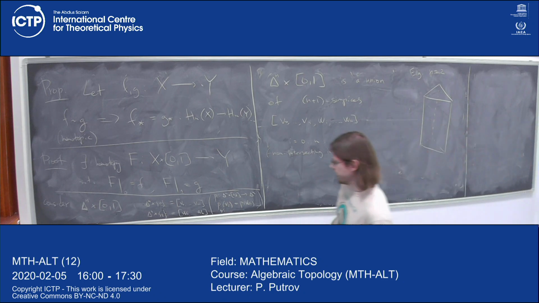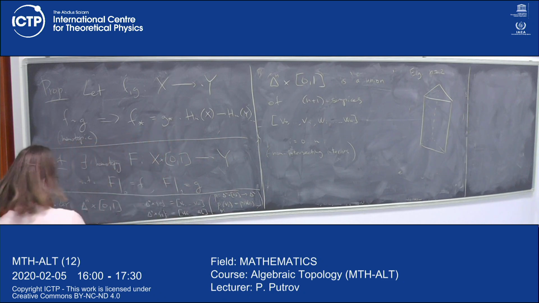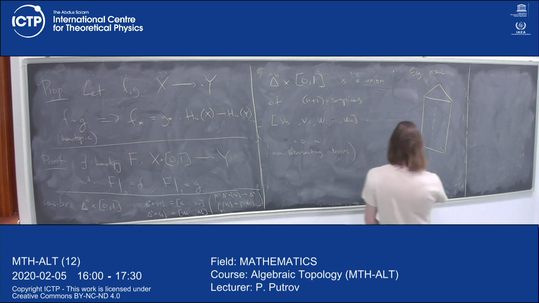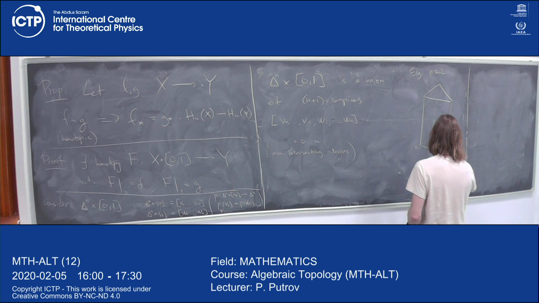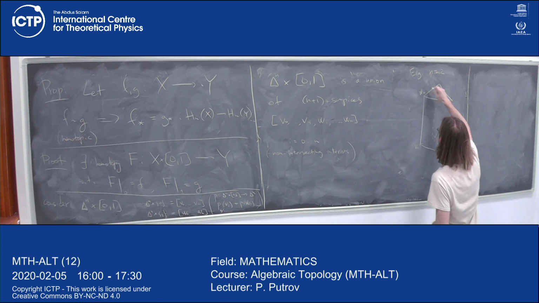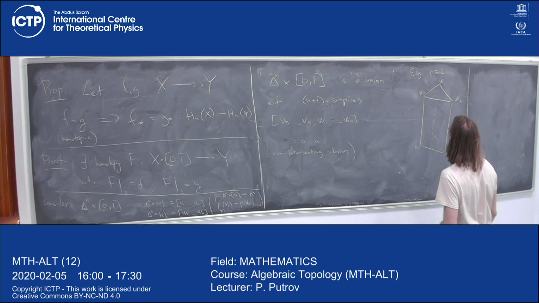For the triangle downstairs, I pick my vertices V0 to Vn, so here it's V0, V1, and V2. And here I pick vertices W0, W1, W2.